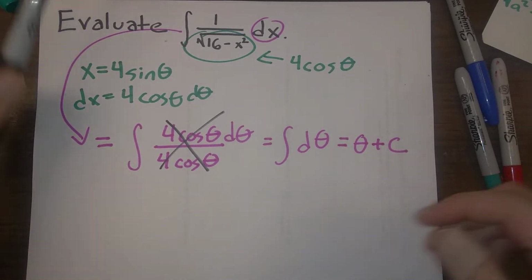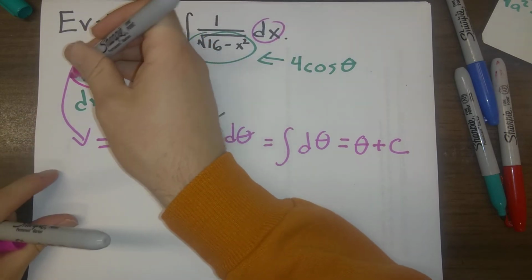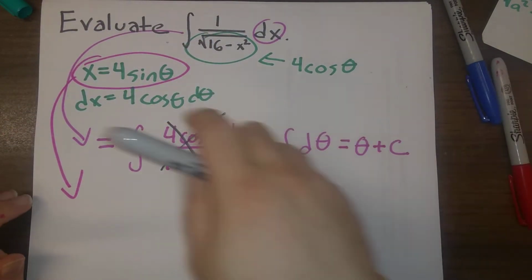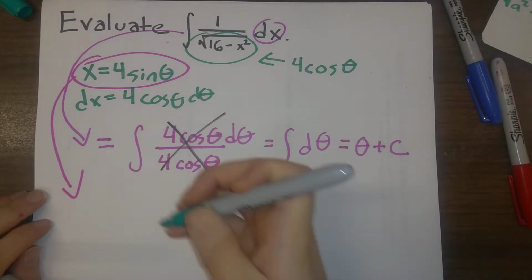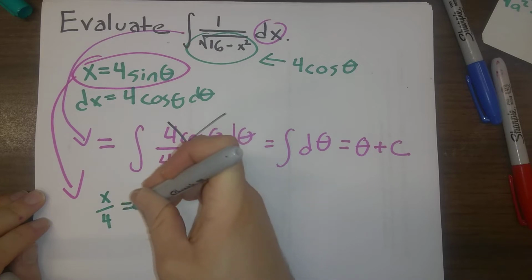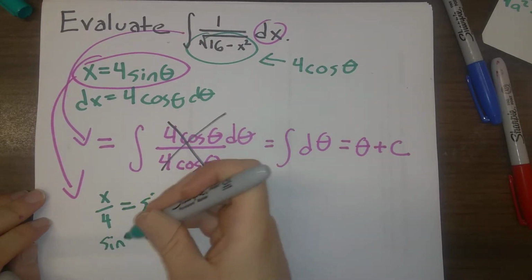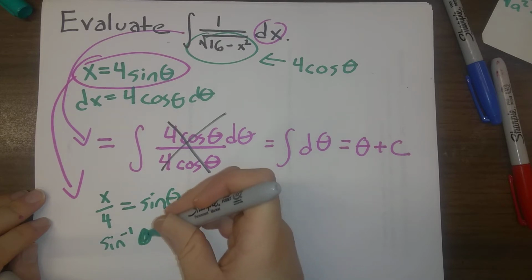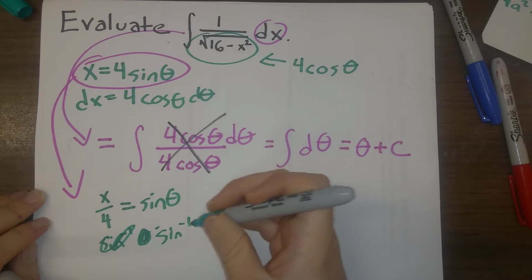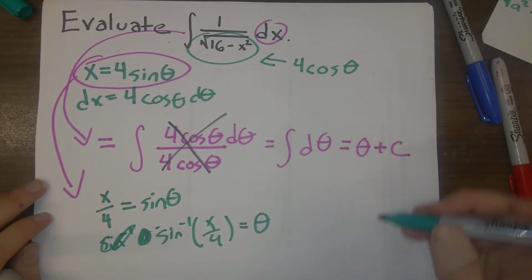So our final step now is to take x in terms of theta and solve for theta in terms of x. x over 4 is equal to sine theta, or taking inverse sine of both sides, inverse sine of x over 4 is equal to theta.